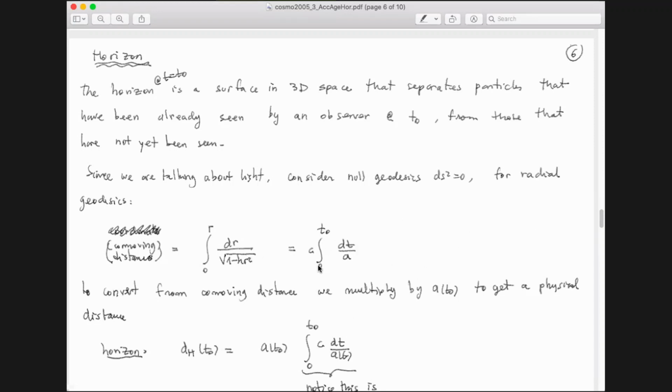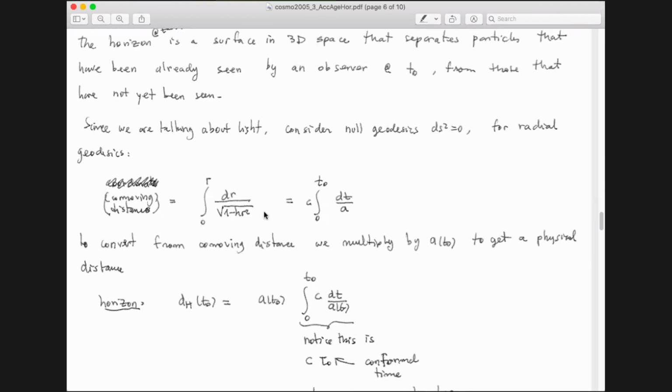Say it is the beginning of the universe, today is the time t naught. We want to know what is the distance, 0 to r. Now this r is the coordinate distance, marked on the coordinate between 2 points. But the actual distance is what we will find from this integral, the co-moving distance, times the scale factor today, a t naught.